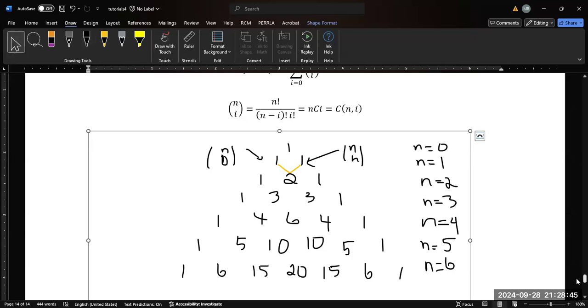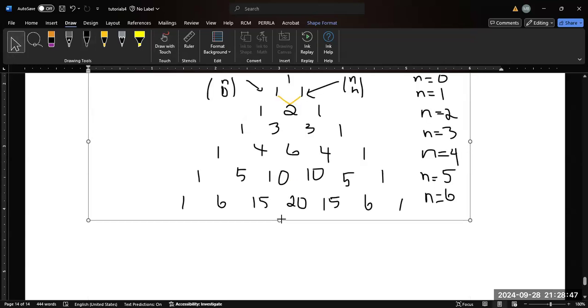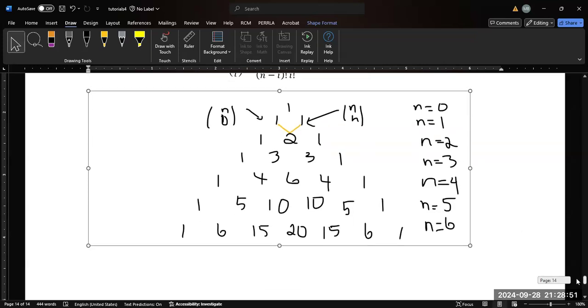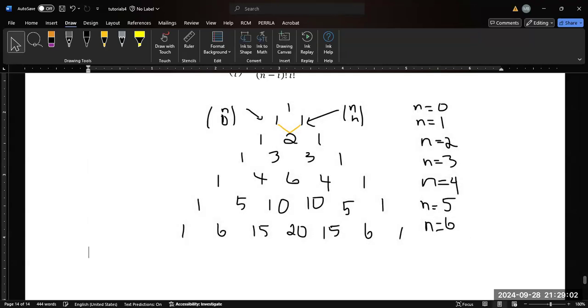Now, this is going to allow us to multiply out relatively quickly. And what I'll do is I'll do an example, let's say with the 4th power, just so we can see that, yes, we do in fact get these coefficients. And then we'll apply the theorem for n equals 5.